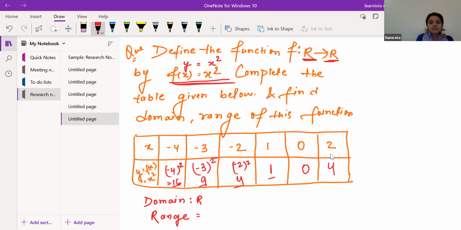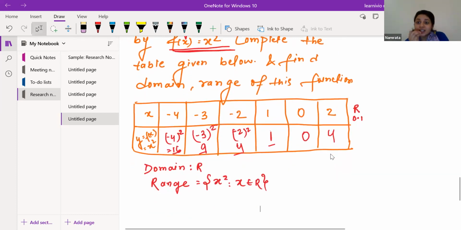But if you take a real number like 0.1, that is also a real number, then the output will be 0.1 times 0.1, so that will be a decimal number only. So we have to define the range as x square only, where x belongs to R. This does not come in any category like even number, odd number, or squared number. That's why we are defining the range like this.